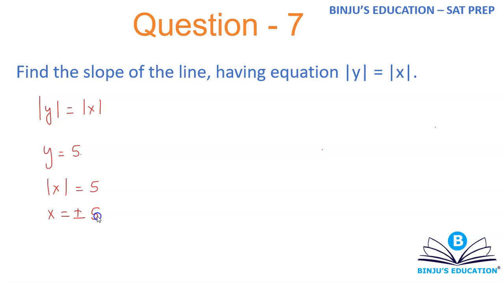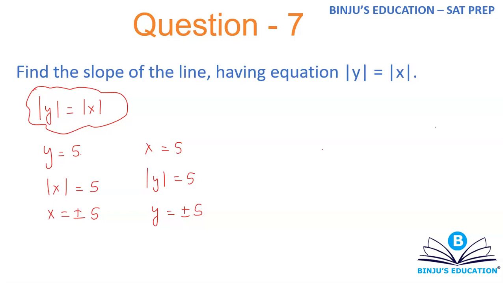That is, when y is positive, x can be positive, x can be negative. Take the second case when x is equal to 5. In that case, mod of y is equal to 5, so y will be equal to plus minus 5. Again the same thing. If x is positive, y can be positive, y can be negative also. So when you talk about mod of y is equal to mod of x, the result is y is equal to plus minus x.